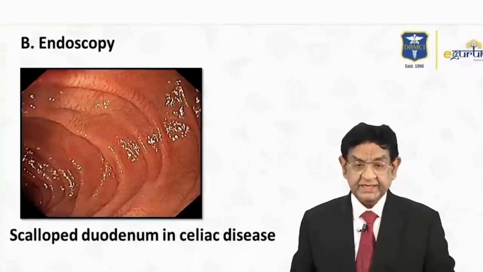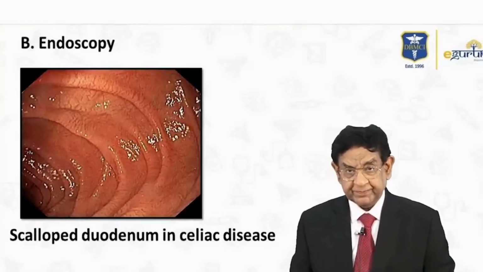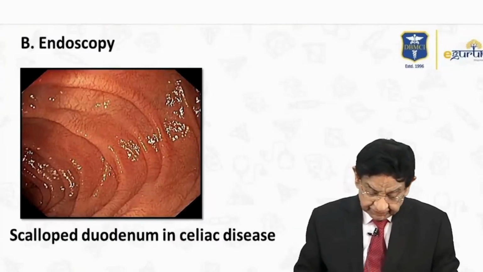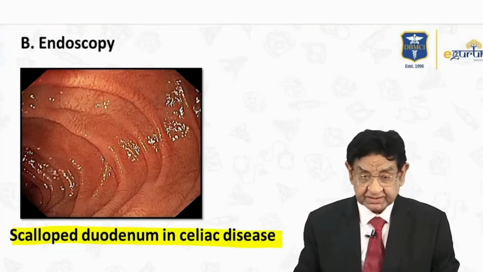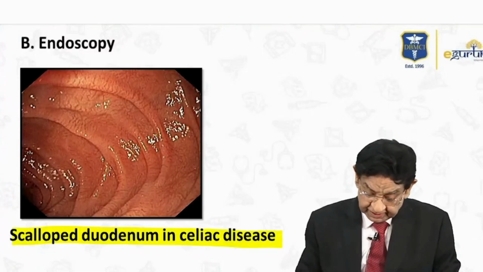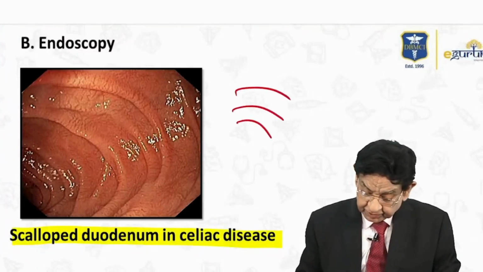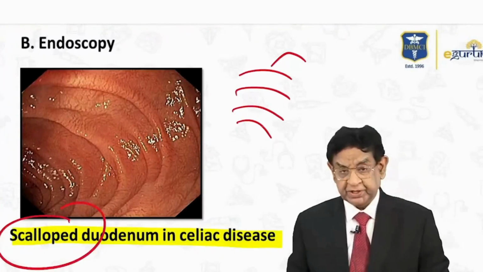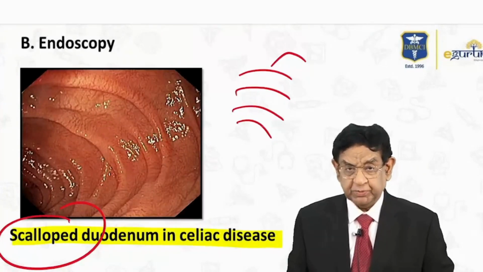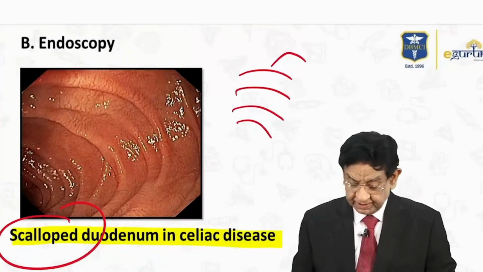Well, finally, endoscopy is mandatory. What we get is scalloped duodenum in celiac disease. You can see classically, you get a corrugated appearance, the so-called scalloped duodenum. The term they use is scalloped duodenum, right?